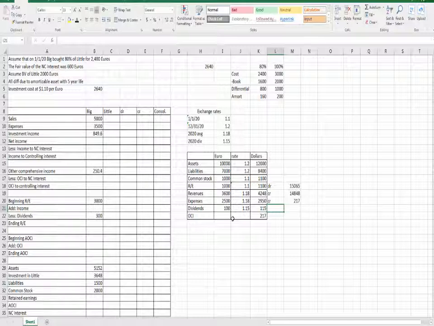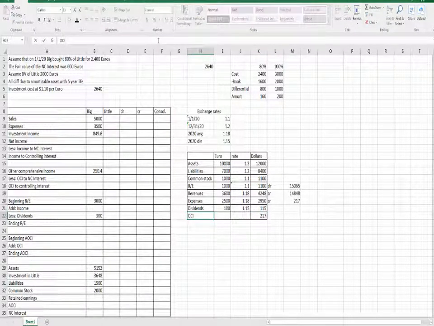Now again, OCI, other comprehensive income, is going to carry through as accumulated other comprehensive income. AOCI is an equity account. Since for an equity account credits are positive, I'm going to go ahead and maintain the convention that if this is a positive number, then that is other comprehensive income translation gain.